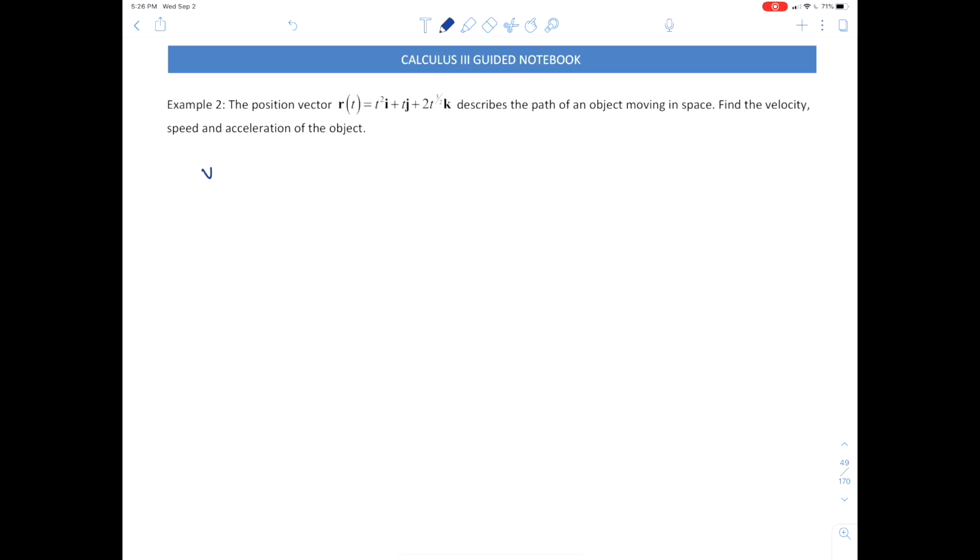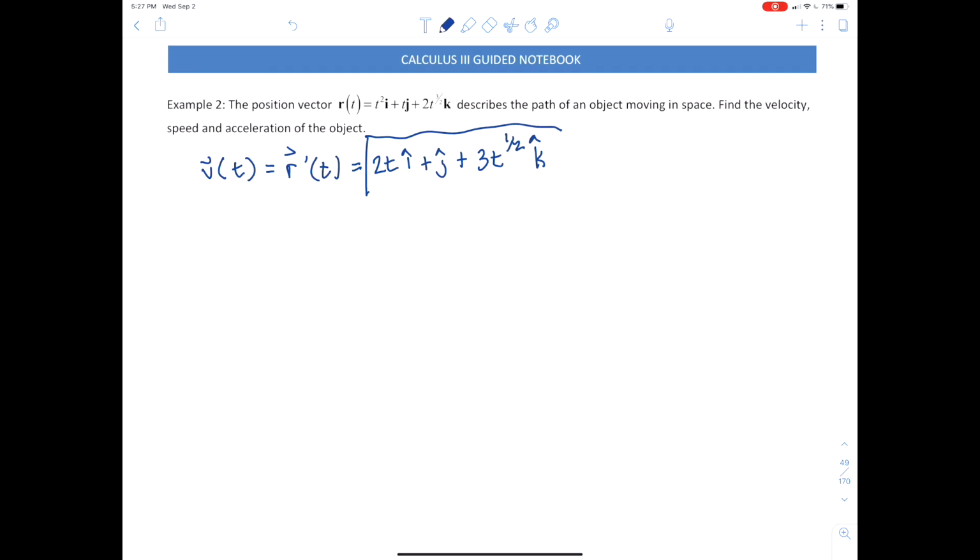So v at t, remember, is r prime at t, which is beautiful, 2t i plus 1j plus 3/2 times 2 is just going to be 3, so we'll have 3t to the 1/2 times k. Cool so far? So that's our velocity vector.